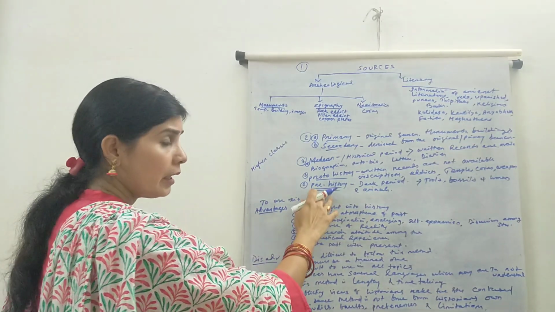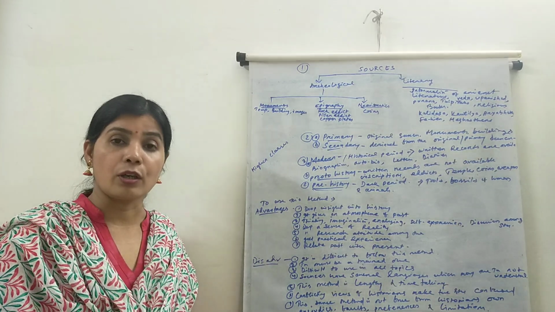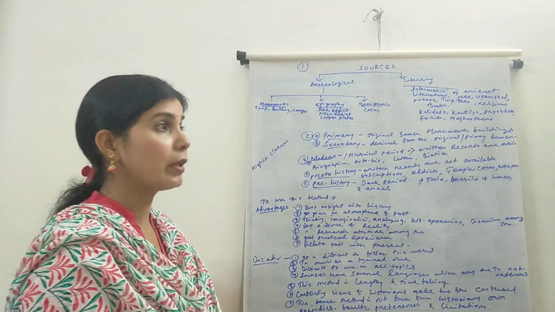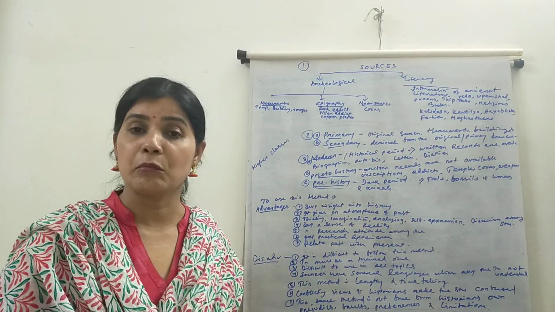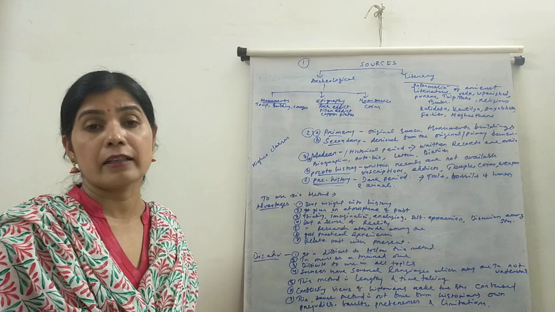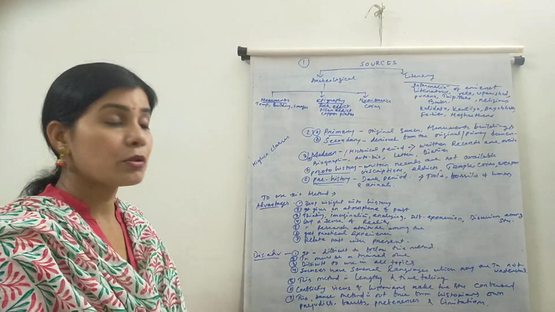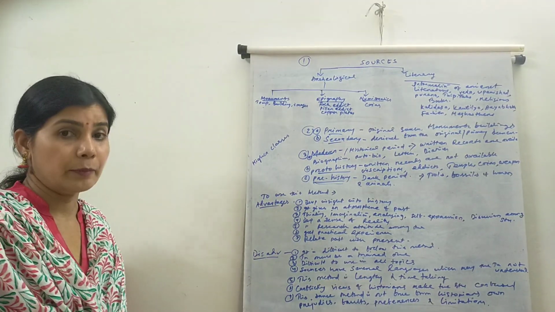And the prehistory period is known as a completely dark period, and from the fossil remains of humans and animals we gain the information about our history. So these are the sources of history method.